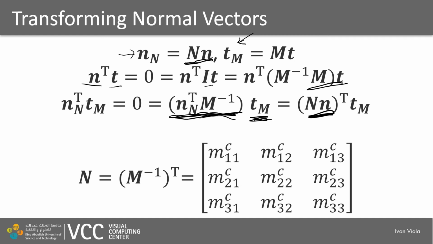And what this leads to, if we write n^T n M inverse, should be equal to n' n^T, which is n'^T n^T if we take it out from the brackets.